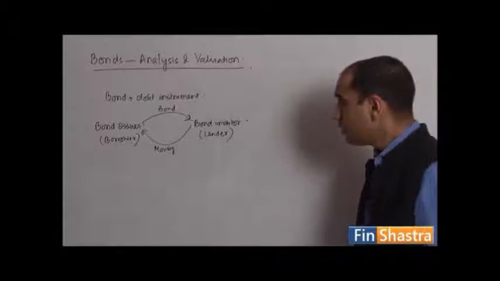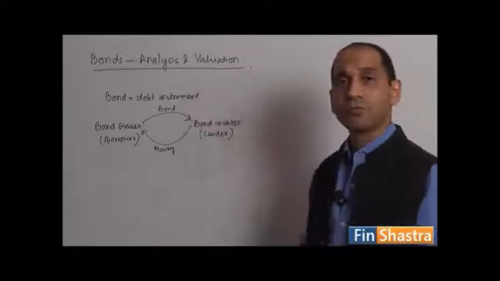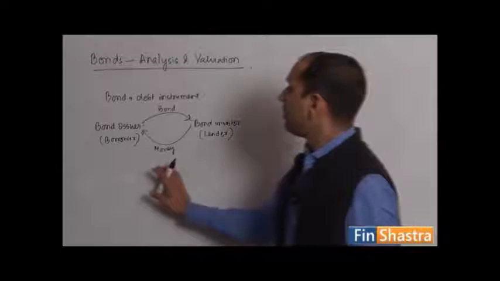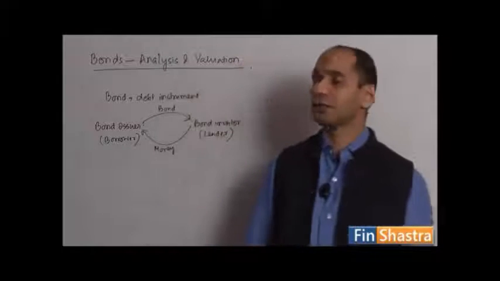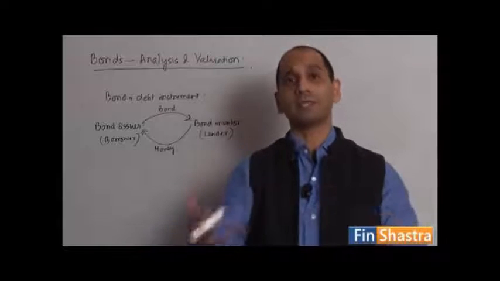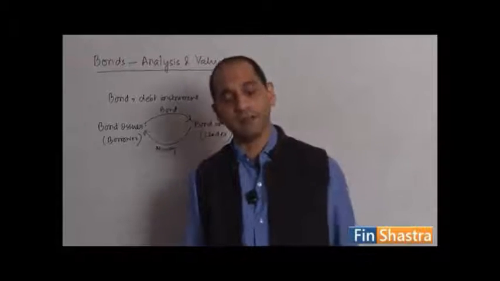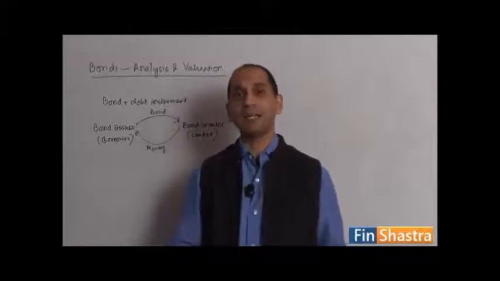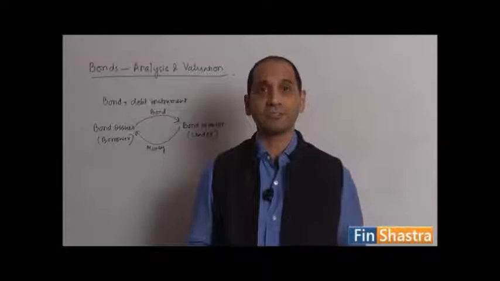So this bond is nothing but a debt instrument, right? Now, why would a lender be willing to give money to the issuer? Because he is interested in interest income. He is interested in getting more than what he has given. That's the lender's interest; primarily, the lender's interest is in getting interest, right?